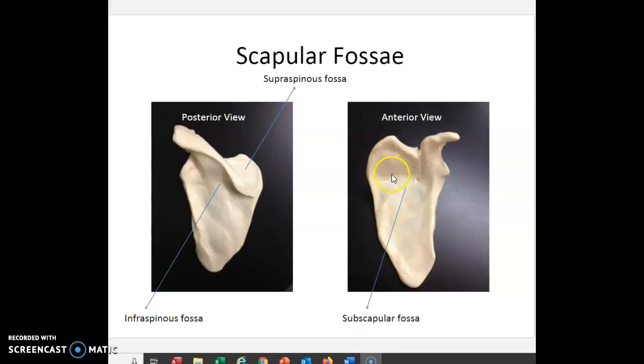So sub means underneath, so this kind of depression in this area underneath. Now this is the spine here, so we actually have a depression above it. Supra means above, spinous means we're referring to the spine, fossa is depression. Infra means below, spinous means we're referring to the spine right here, and fossa means depression. So these are the depressions found in the scapula.